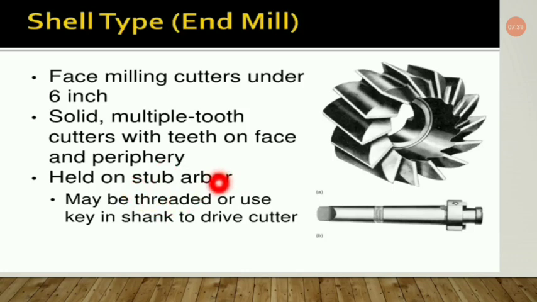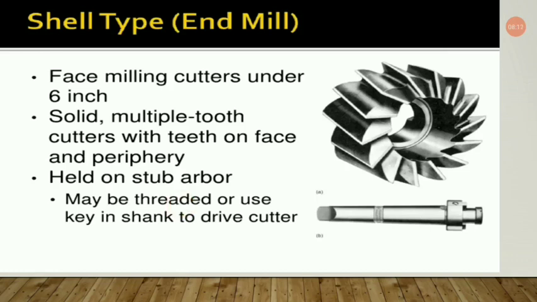I already mentioned to you the term arbor. Arbor is that particular type of holding device used in a milling machine to hold a particular cutter. So arbor you have to keep in mind. They might be asking you questions on what is the particular name of that holding device that is used in a milling machine to hold the cutting tool or milling cutters.